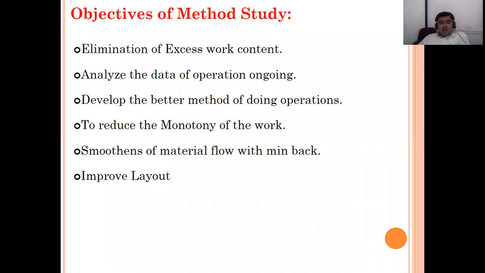So why is this data analysis very important? Because it tells you the condition of production and operation, which operation requires increased speed, and which requires us to go a little slower. Whatever operations are there in the industry, they are in a chain. It is not like only one operation is done and the job is ready.